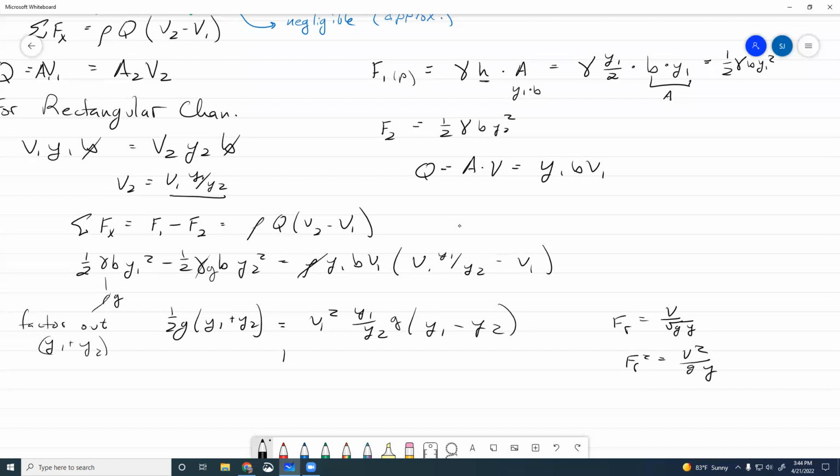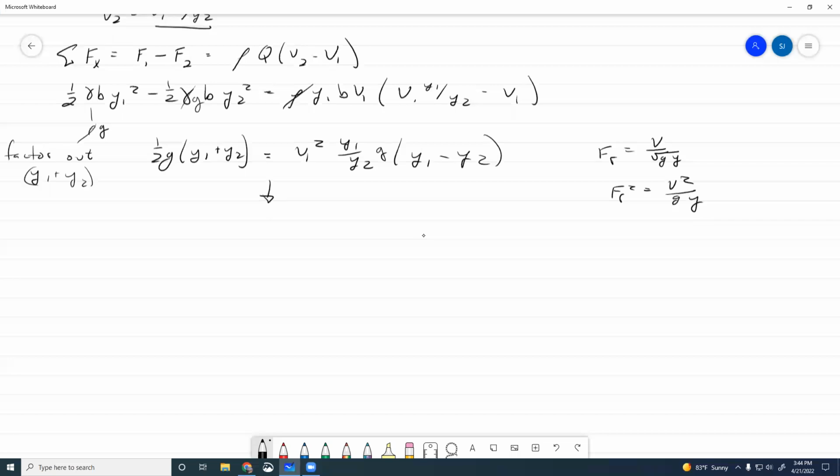So what you end up getting, and I'm skipping some steps, but I've posted these notes online, is (y2 over y1) squared plus y2 over y1 is equal to 2 times the Froude number squared.